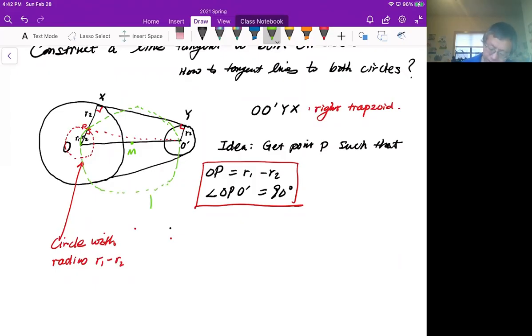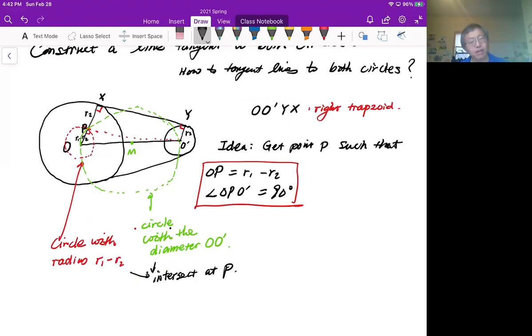So this is a circle with a diameter of O and O prime. And then the two circles intersect at P. So that is my intersection point. The red circle and the green circle intersect at the point P. And then we are done.